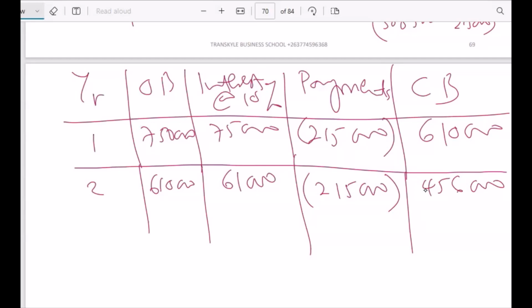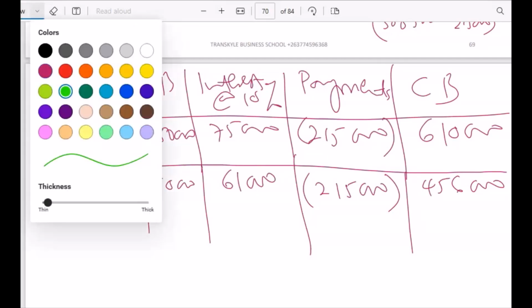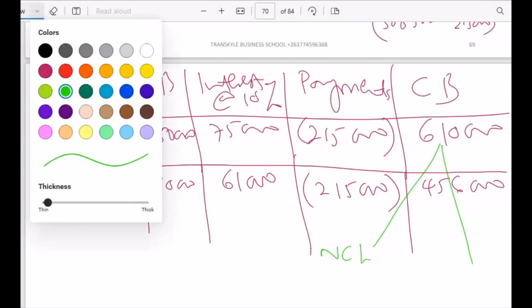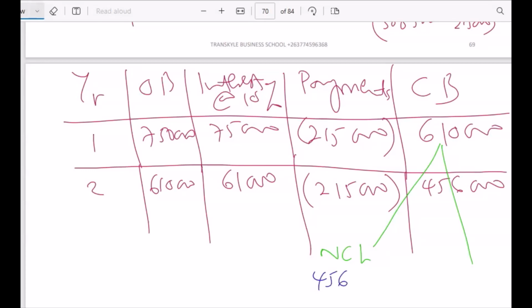So the purpose of doing year two figures is for us to determine the current and non-current liabilities components for year one. We can now see that in year one, the non-current liability is actually the closing balance in year two, which is 456,000.